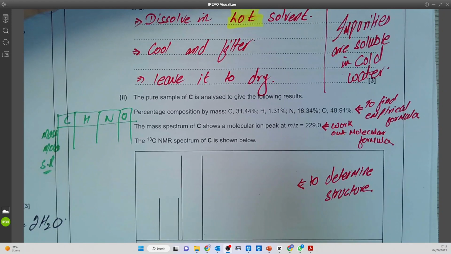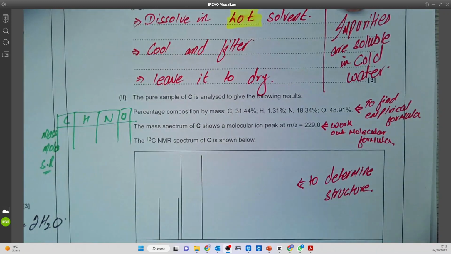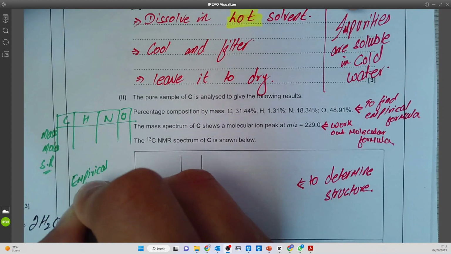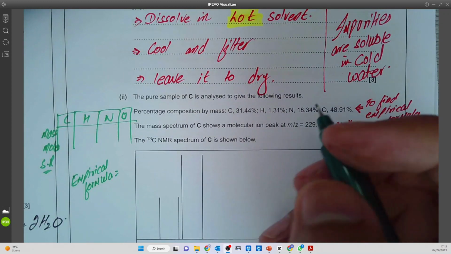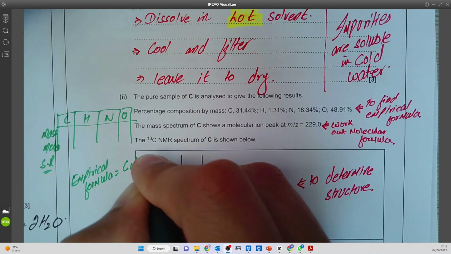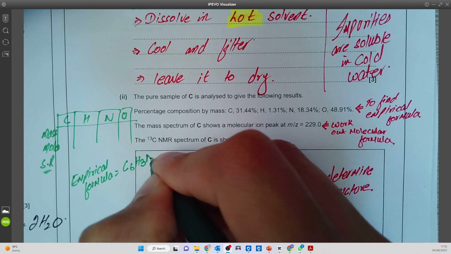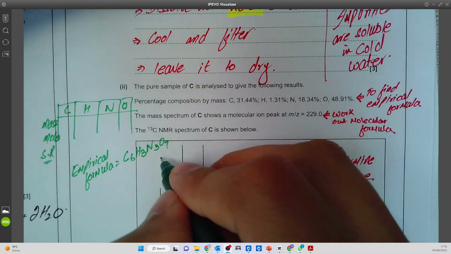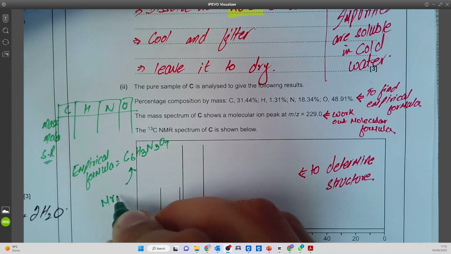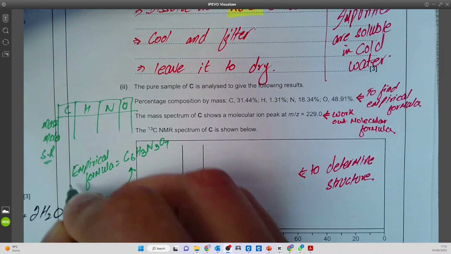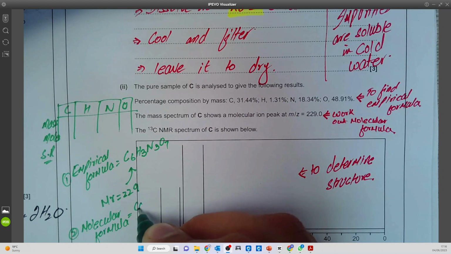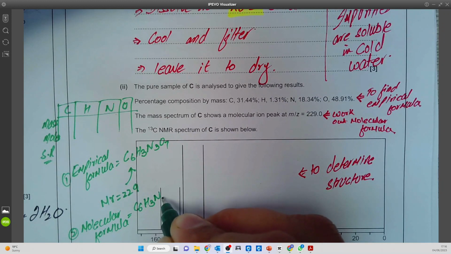And from here, we figure out that our empirical formula turns out to be C6H3N3O7. Now, what is the MR of this? The MR of this is 229. So I can then say my molecular formula is also C6H3N3O7.